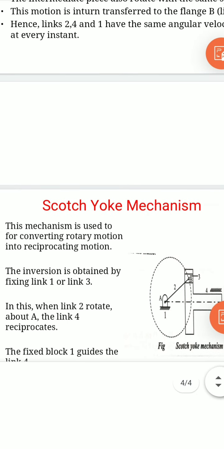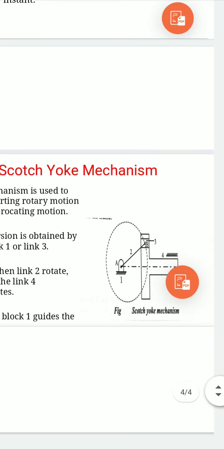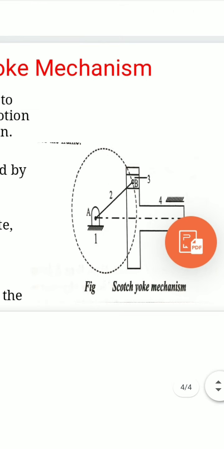And the third inversion is the Scotch yoke mechanism. As you can see in the picture, you can clearly see links 1, 2, 3 and 4. This mechanism is used for converting rotary motion into linear motion. The rotary motion is link 2, which is acting as a crank. Link 2 is rotating and this motion is transferred to whom?